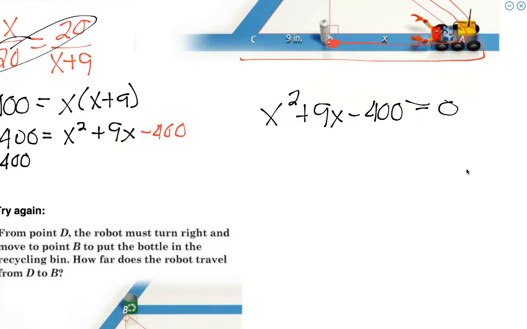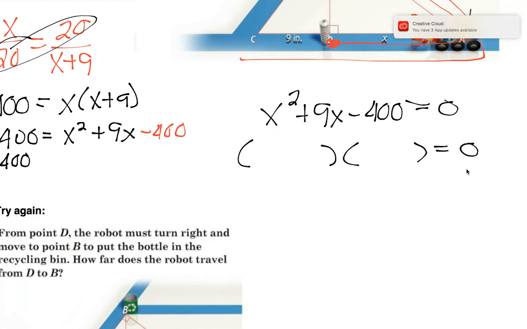So we need to factor this. And this is going to be x plus 25, x minus 16, because positive 25 plus negative 16 is positive 9, and 25 times negative 16 is negative 400.